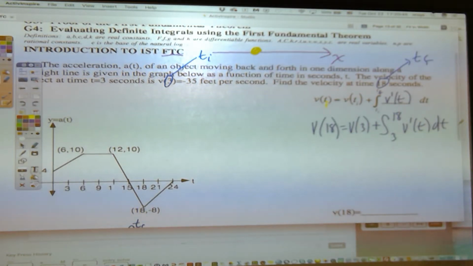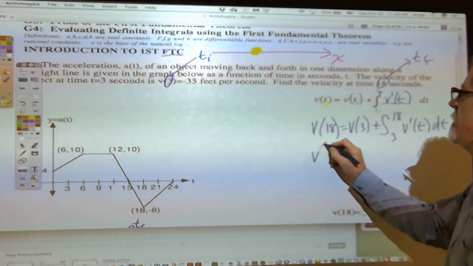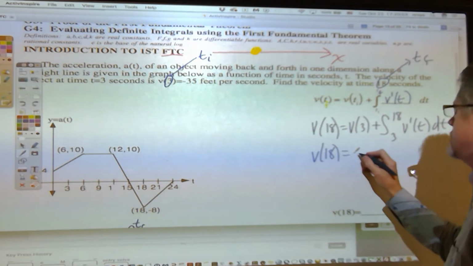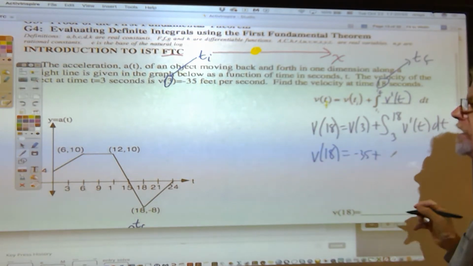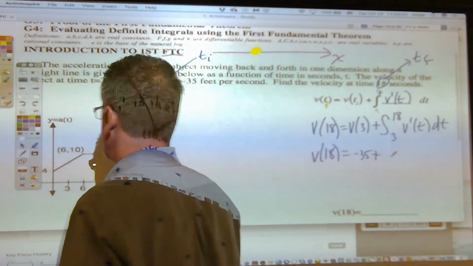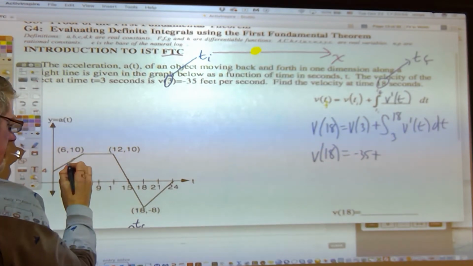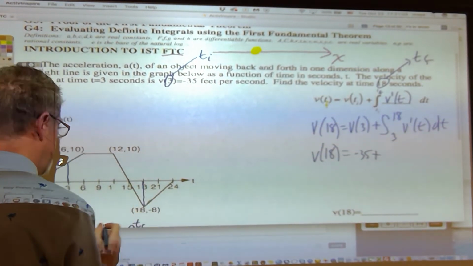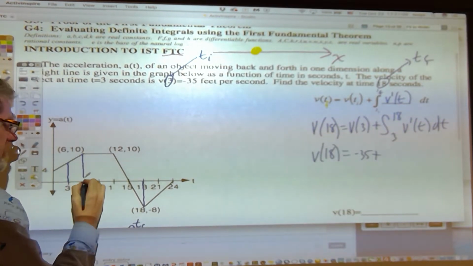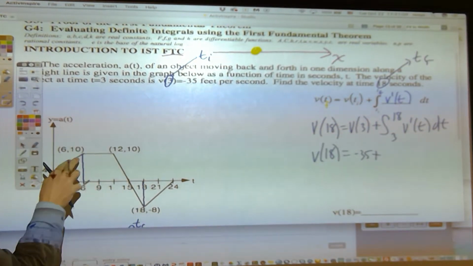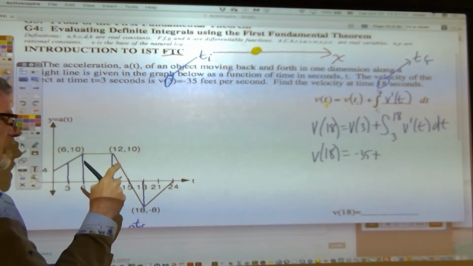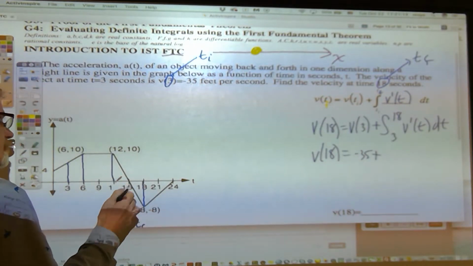Velocity prime is acceleration. So all we have to do to find v of 18, the velocity at time 18, is to take v of 3, which is negative 35, plus the area under the curve from 3 to 18. Now that consists of a trapezoid, a rectangle, a triangle, and another triangle.